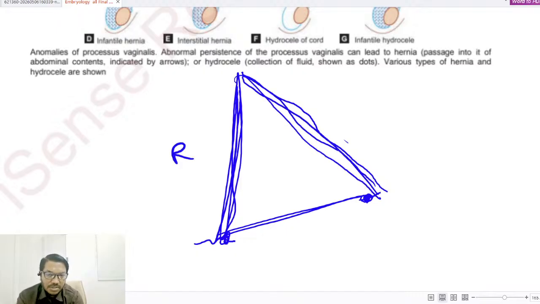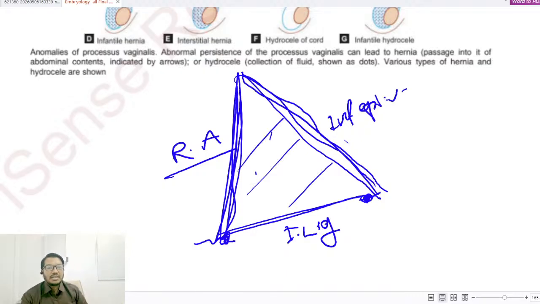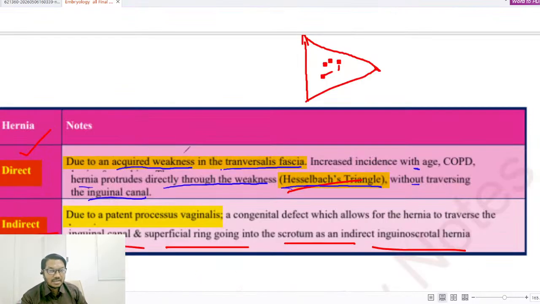So this is rectus abdominis, inguinal ligament, and inferior epigastric vessel. This is Hesselbach triangle. If any herniation happens through this area, this will be direct.